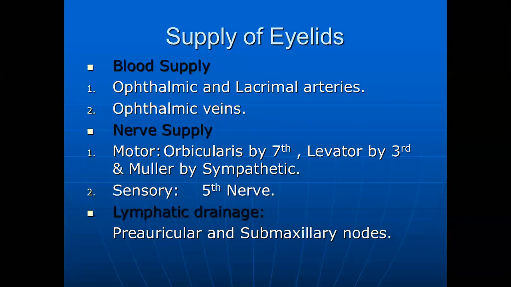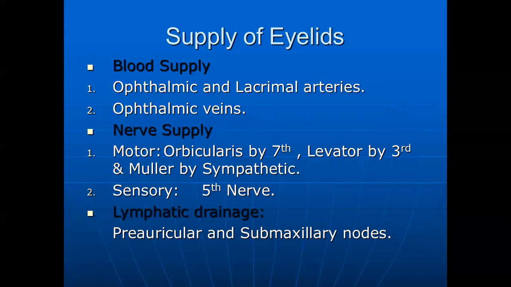The motor supply means the nerves that supply the muscles of the eyelids. The muscle that closes the eyelid is the orbicularis, and it is supplied by the facial nerve, while the muscle that opens the eyelid is the levator palpebrae superioris, which is supplied by the third nerve. Then we have the Muller muscle, which also opens the eyelid.